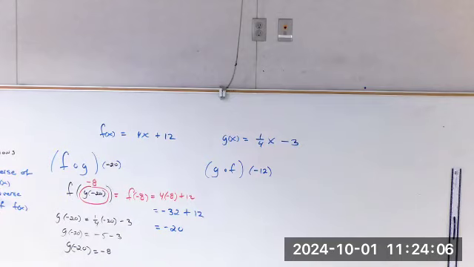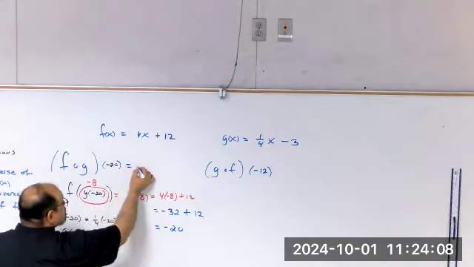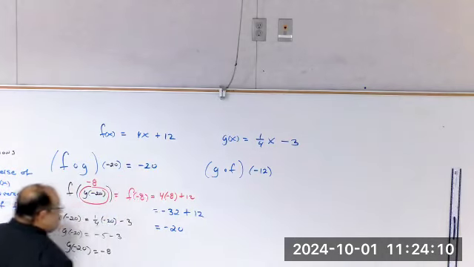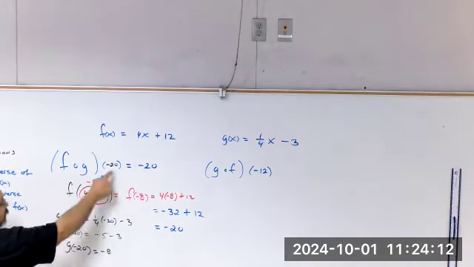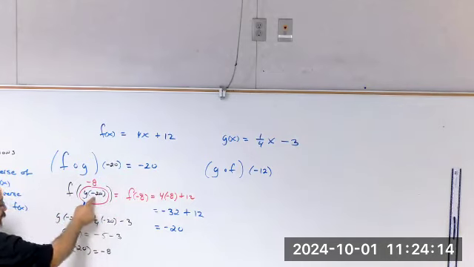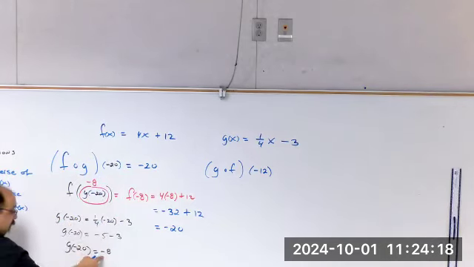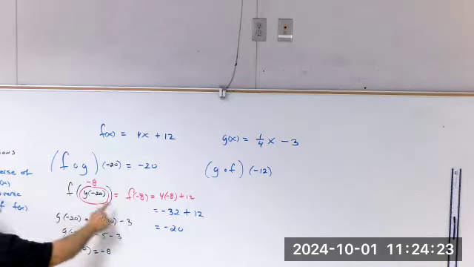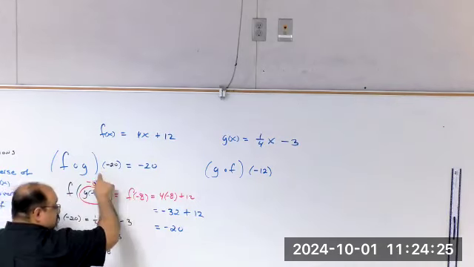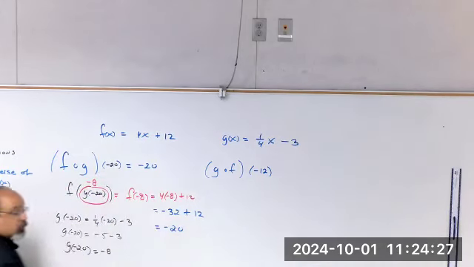Now look. We plugged negative 20 into the composite function. Negative 20 went into G. G changes negative 20 into negative 8. And then we take that negative 8, we plug it into F. What did F do to that negative 8? Changed it right back into the negative 20 where we started.